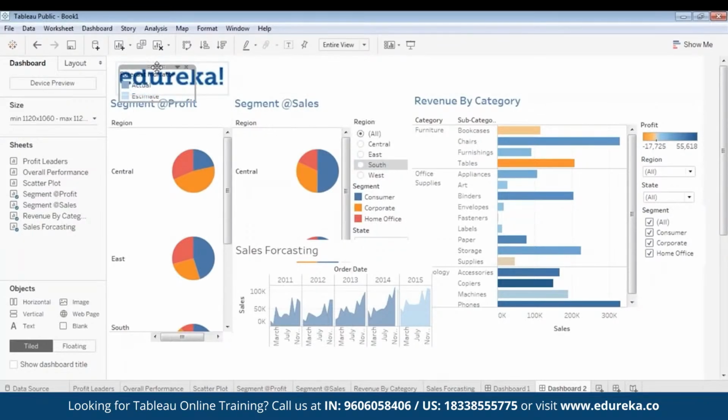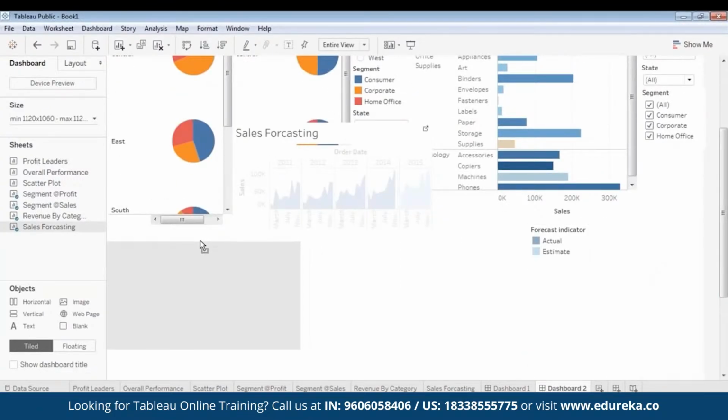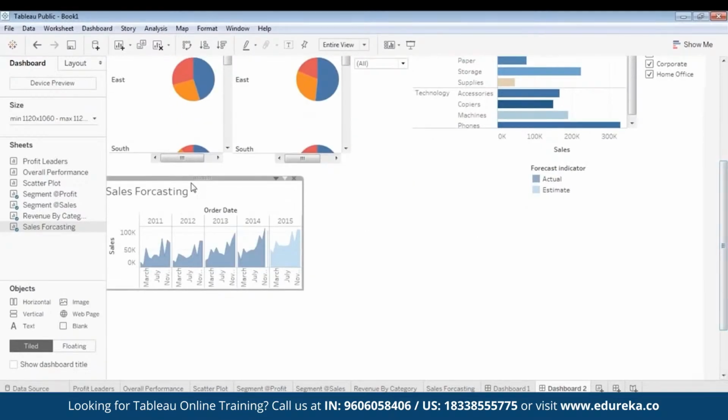Floating. I want to drag this also down over here or here, right? Come down, put your sales forecasting here and align it.